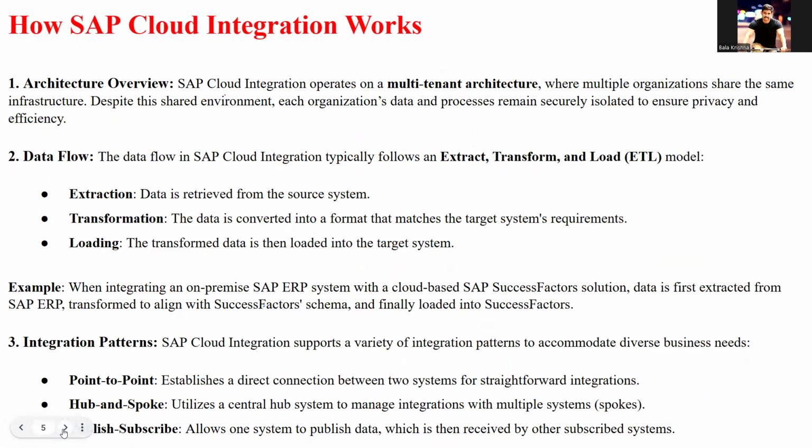I will clearly explain how SAP Cloud Integration works. For that, an architecture overview is required. Now I am going to explain the architecture overview. SAP Cloud Integration operates in a multi-tenant architecture. Multi-tenant means, suppose it is on-premises as well as cloud, any tenant.